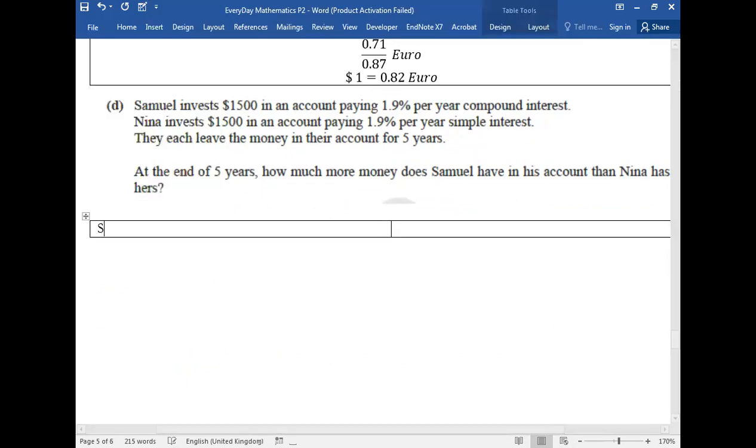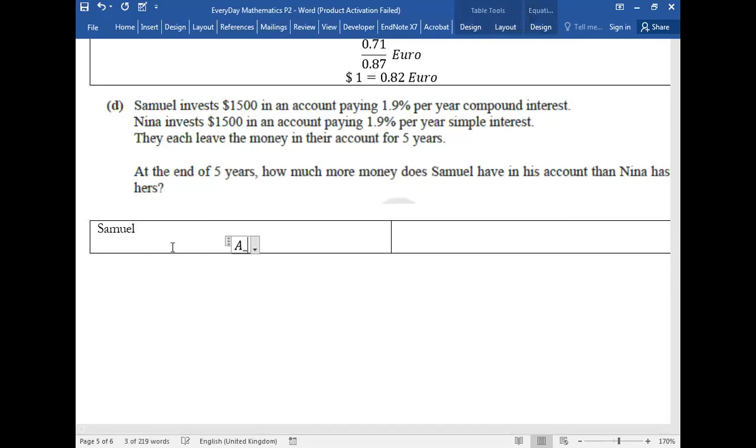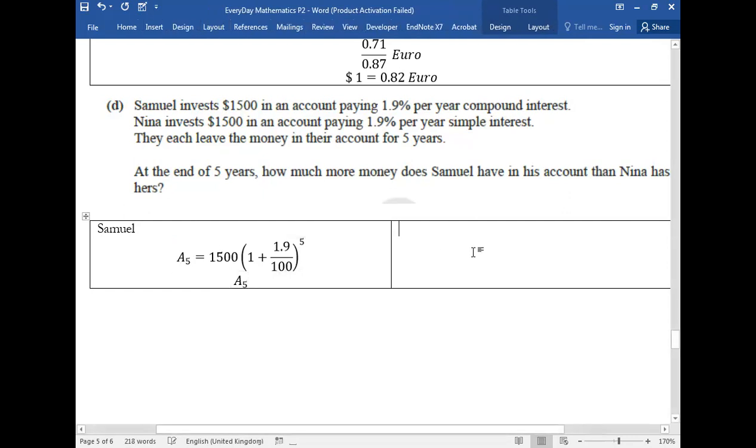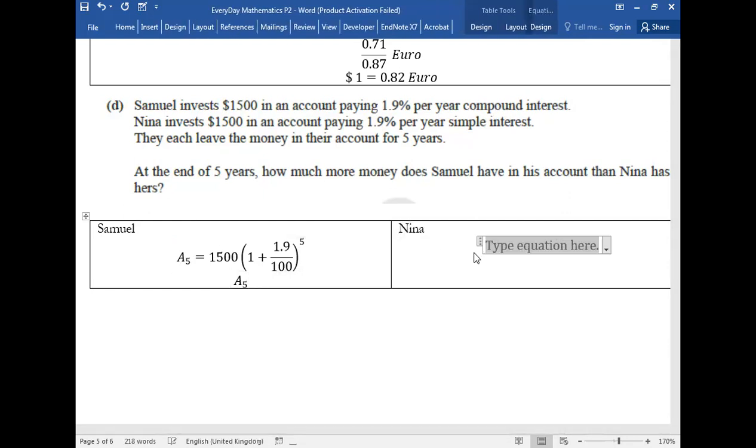So अगर Samuel का मैं निकाल रहा हूँ, so amount after 5 years मुझे चाहिए. Principal is 1,500. 1 plus 1.9 upon 100. And Nina का interest निकालूंगा मैं. PRT. P is 1,500. Rate is 1.9. And time is 5.